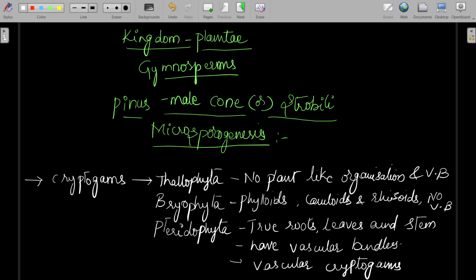They also have vascular bundles. So these are called vascular cryptogams because these are the first true land plants with leaves, roots, and stem, and also vascular bundles. You can see the ascending pattern of evolutionary characteristics developing from Thallophyta to Pteridophyta.